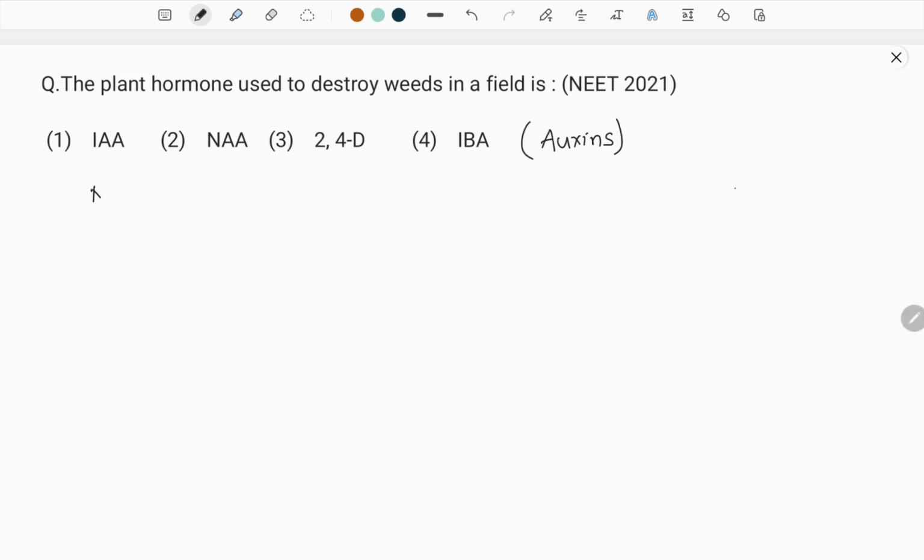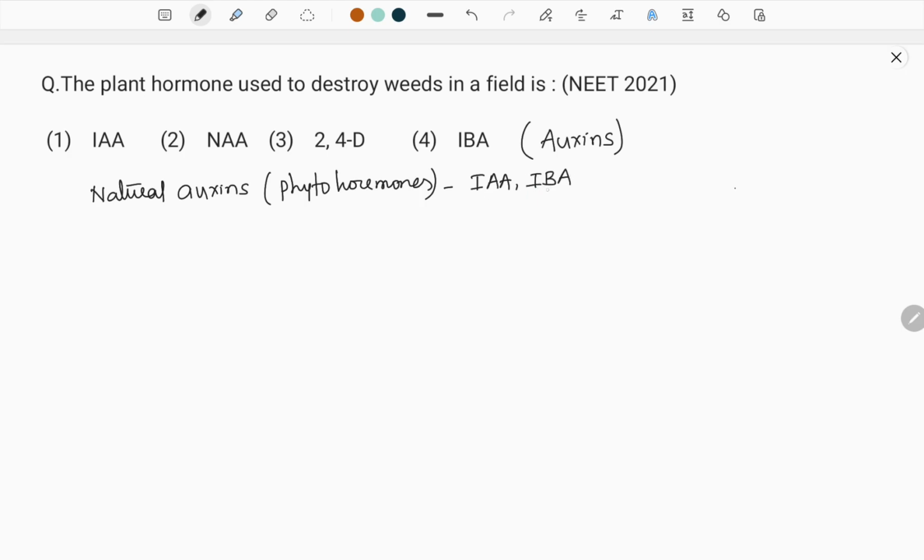We have here natural auxins that are also called phytohormones, because they are naturally obtained from plants. These include IAA, indole acetic acid, and IBA, indole butyric acid.